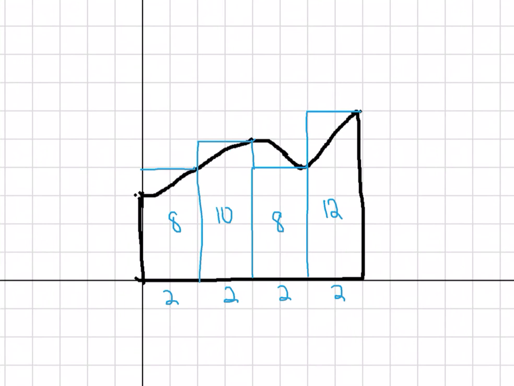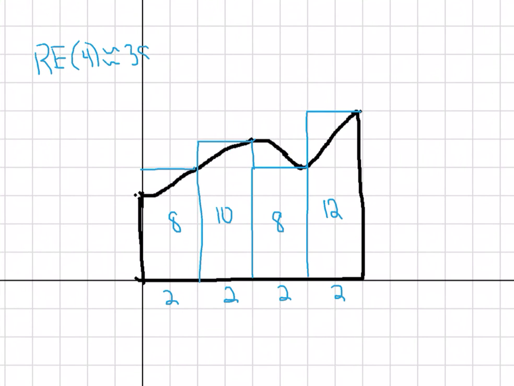And 8 plus 10 is 18, plus 8 is 26, plus 12 is 38. I think I got that right. So this time I got 38 from the right end, 4 subintervals.